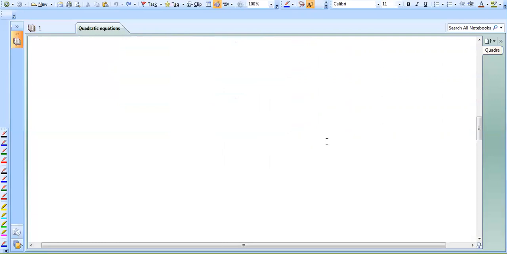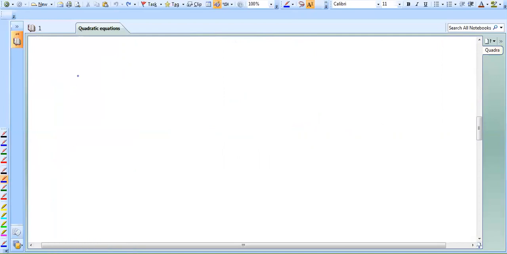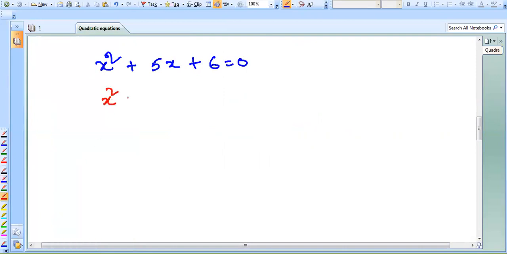For example, you have x square plus 5x plus 6 is equals to 0. What we did generally in our 10th standard or 8th standard is x square plus 2x plus 3x plus 6 is equals to 0.